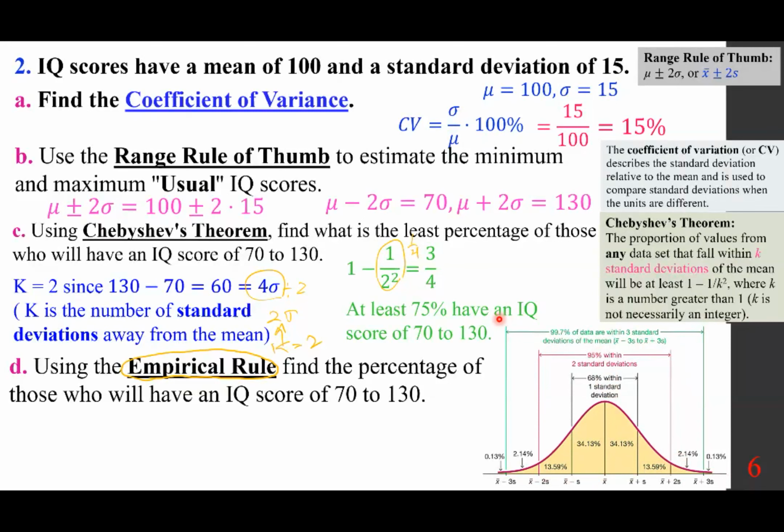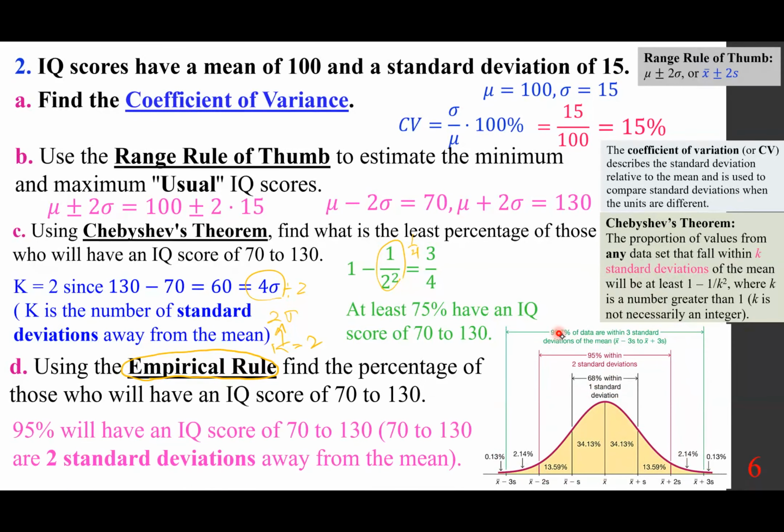If you go 3 standard deviations away, it covers almost everything, which is 99.7%. So 95% will have an IQ score of 70 to 130, because 70 to 130 are 2 standard deviations away from the mean.